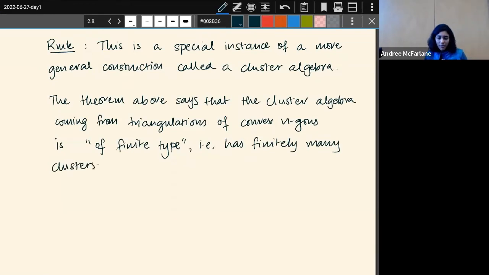And I've given you references in the printed notes, so you can, of course, have fun looking up other cluster algebras.